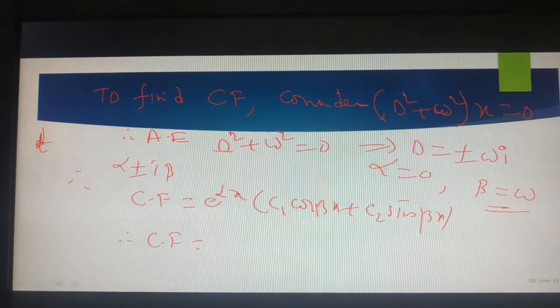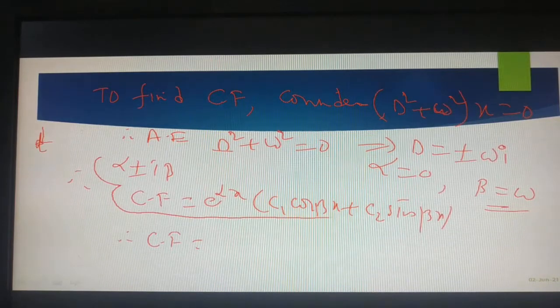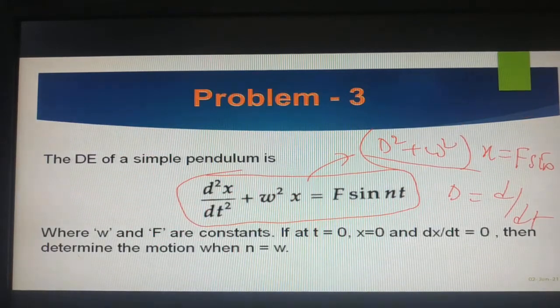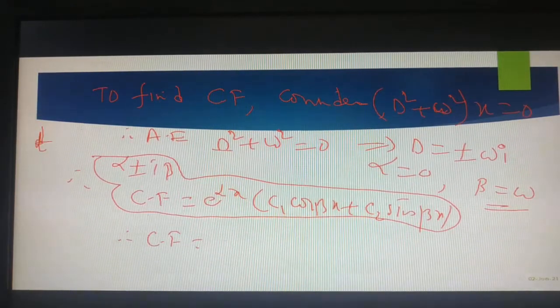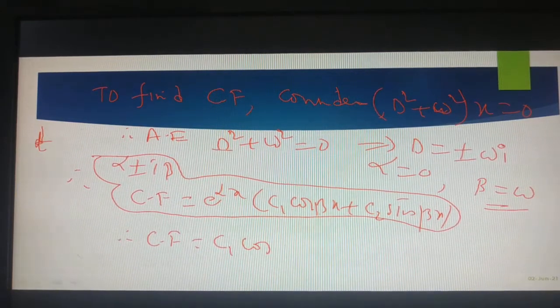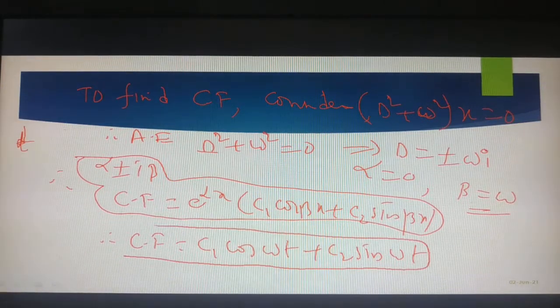You may have memorized this formula by this time. X is dependent on t, so while writing your answer, be careful. E power 0t, that is 1, c1 cos wt plus c2 sin wt. So it is your complementary function.